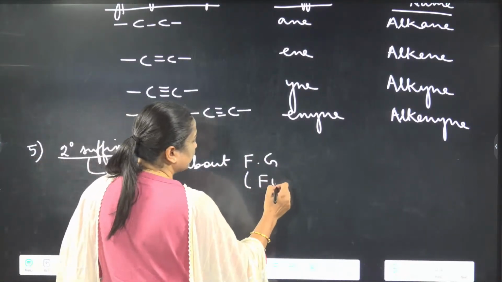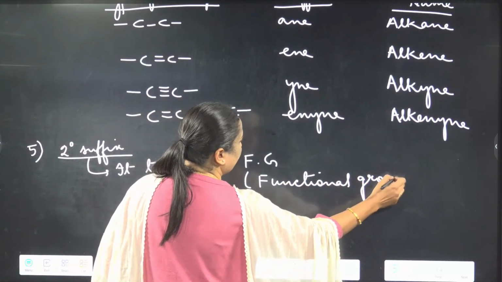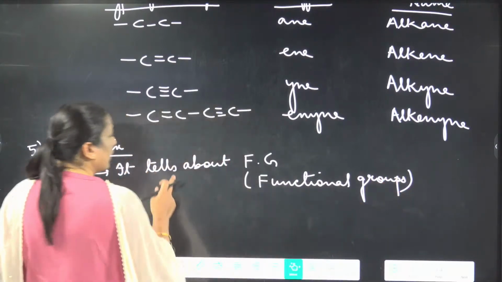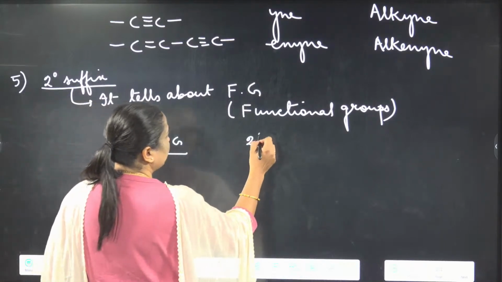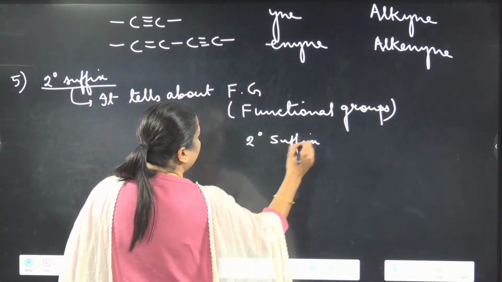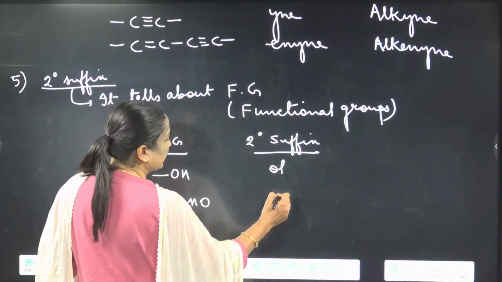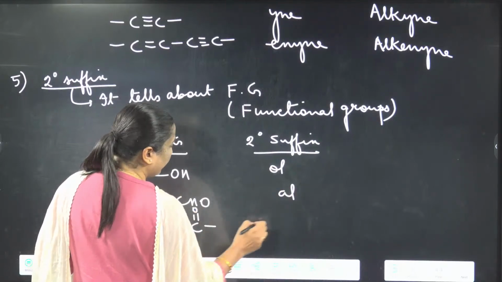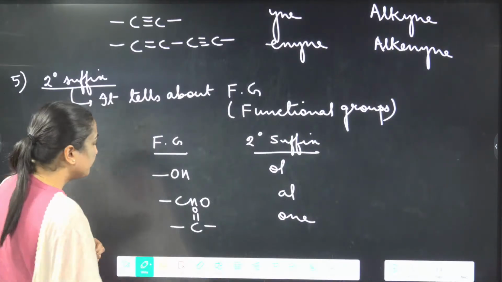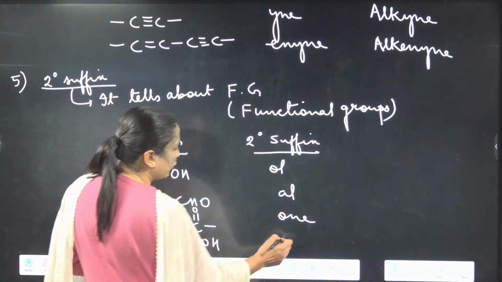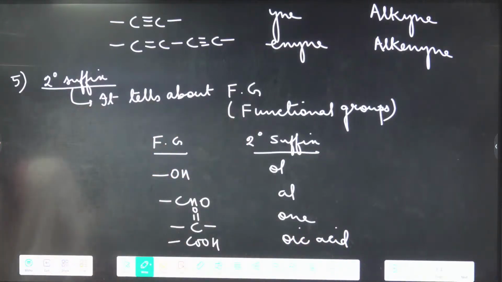Let me give you certain examples of a functional group and its secondary suffix. If I give you something like OH, it is ol. If it is CHO, then it is al. If it is C double bond O, which is basically one, it is one. If it is COOH, it is going to be oic acid. So from these suffixes we'll come to know which functional group is there.